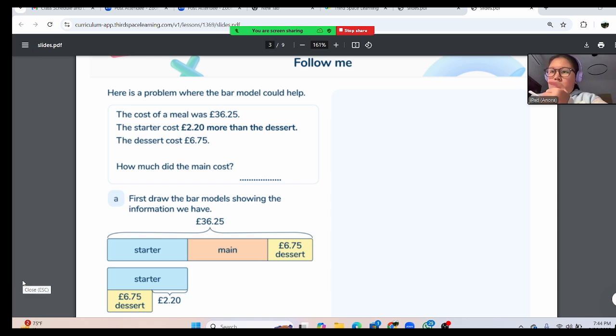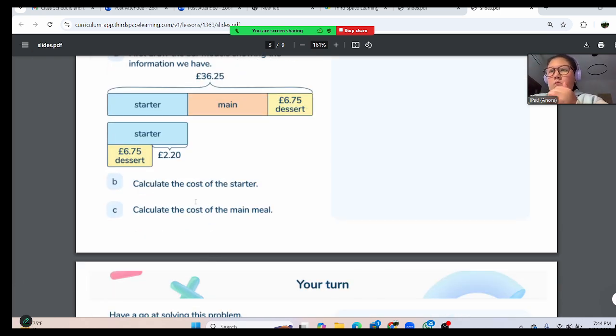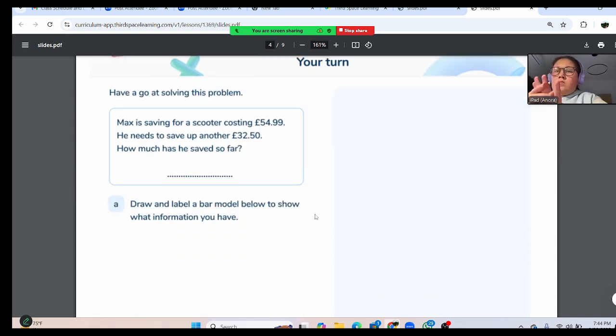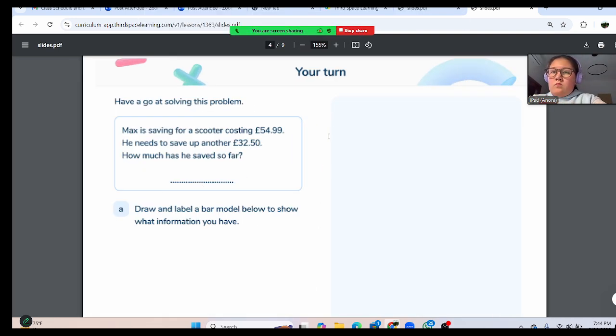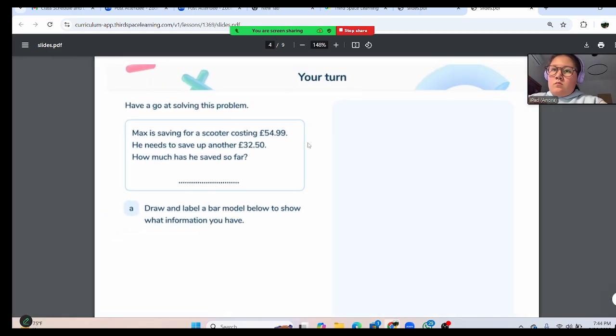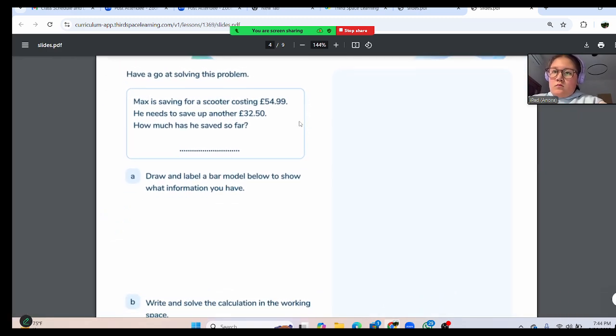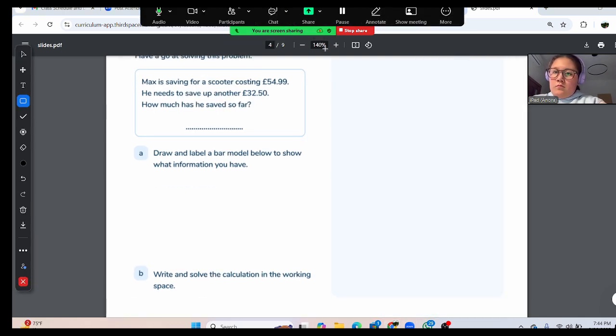So you first find the cost of the starter, then the main meal, right? There is one more question in which you would have to draw the bar model by yourself. So let's see how we would do this.